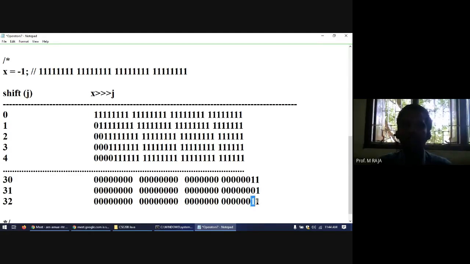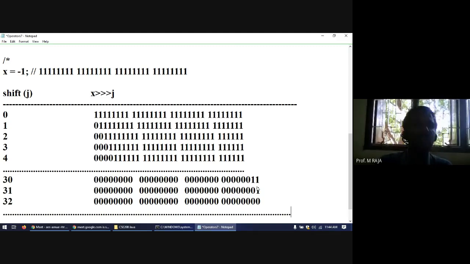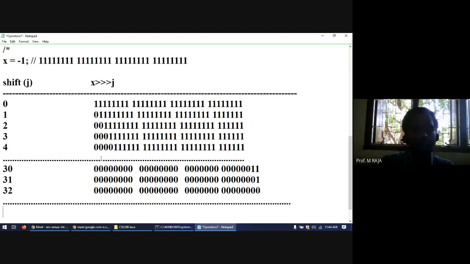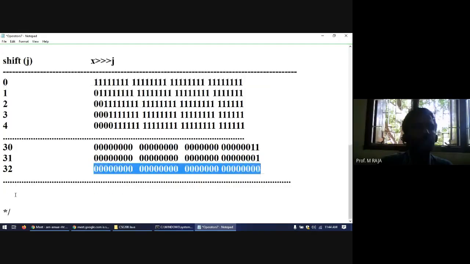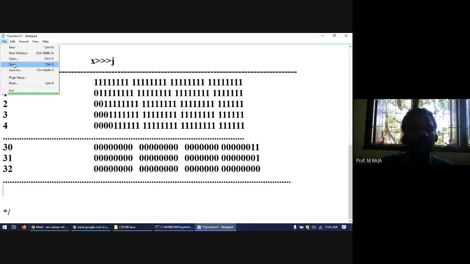Subsequently you can perform any number of unsigned right shift operations on the operand x is equal to -1 here. Continuing, you will get the quantity 0.